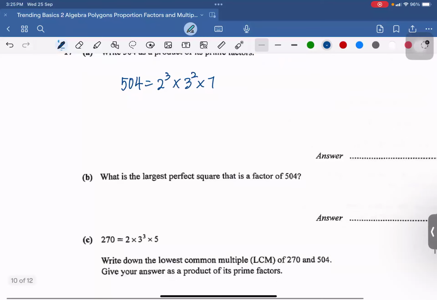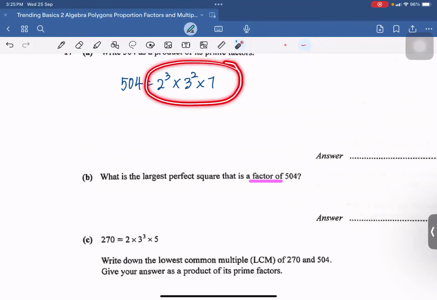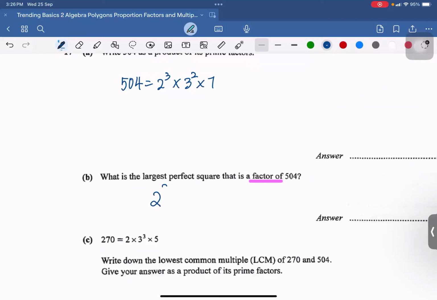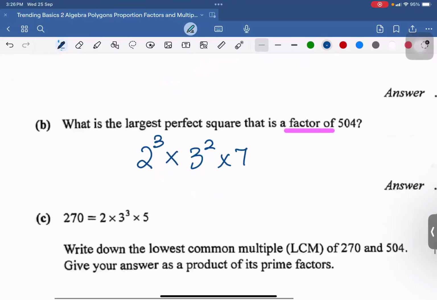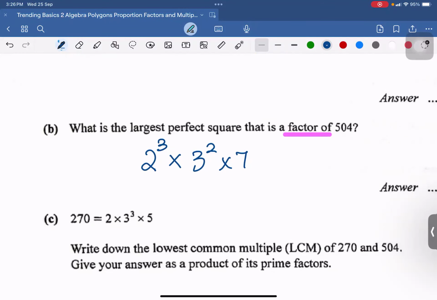I got this answer. Now they ask me, what is the largest perfect square that is a factor of 504? That means I can only look at the factors. So what are the factors? The factors is 2 cubed, 3 square, 7. Out of these, what are the perfect squares that I can take out from here? What are the perfect square factors? 3 itself is not a perfect square.